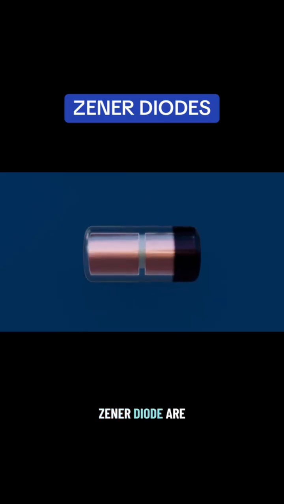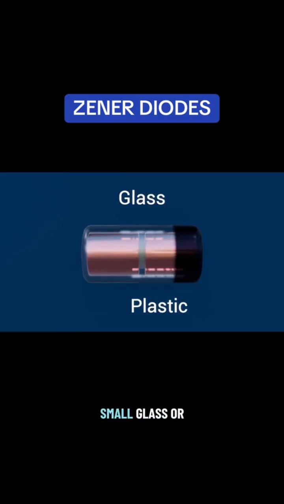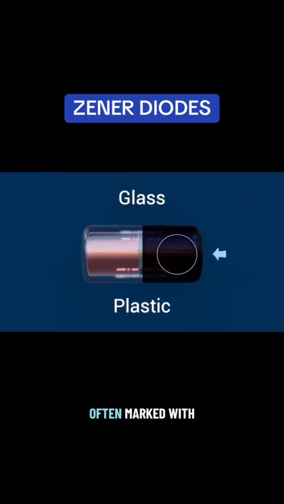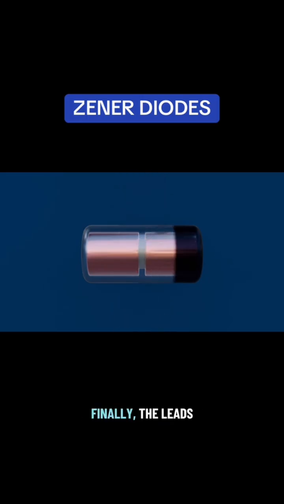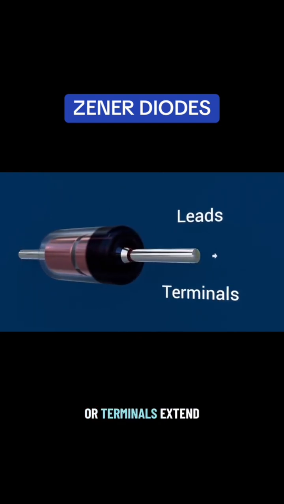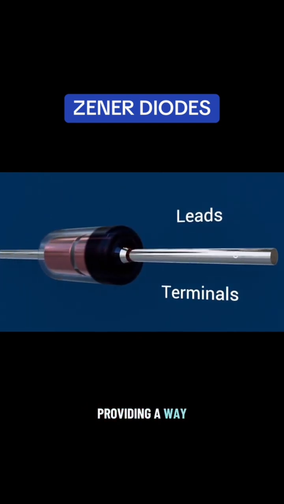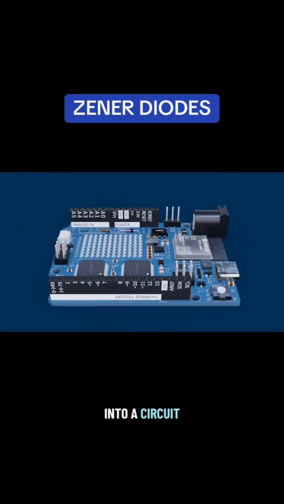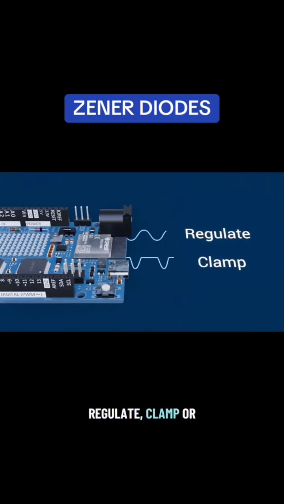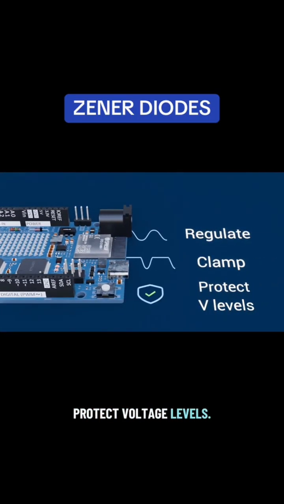Zener diodes are commonly housed in small glass or plastic packages, often marked with a stripe to clearly indicate the cathode. Finally, the leads or terminals extend from the package, providing a way to mount the Zener diode onto a circuit board and connect it into a circuit where it can regulate, clamp, or protect voltage levels.